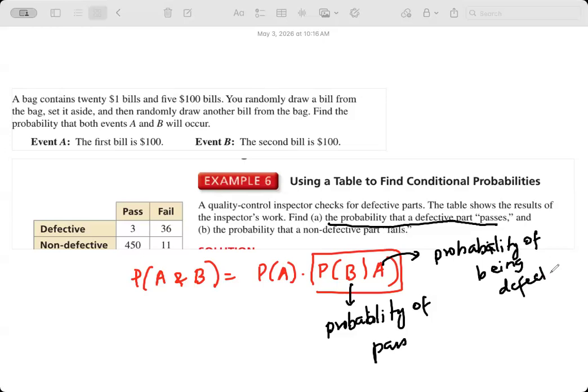In this case, the probability of A and B, defective and passing, is 3. Probability of A is what? A is the probability that a defective part passes. Okay.